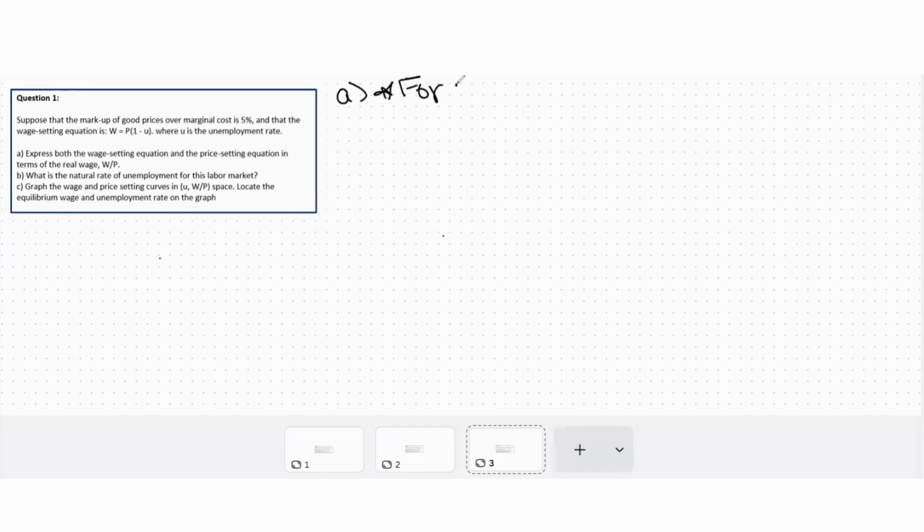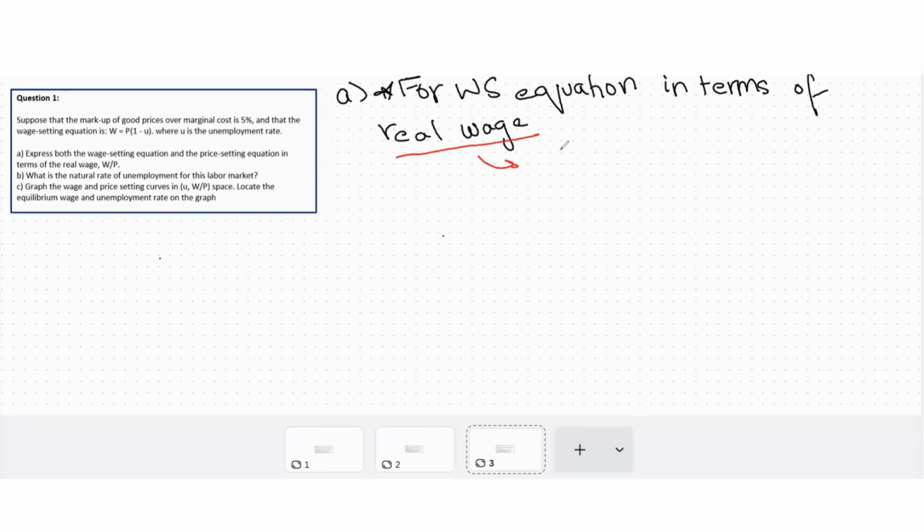So for the WS equation in terms of real wage, we keep in mind real wage is nominal wage divided by price level.